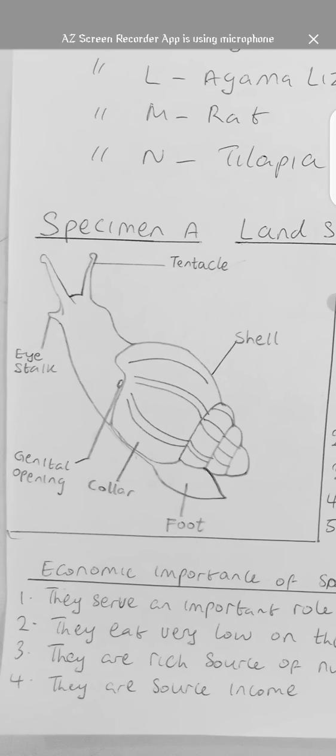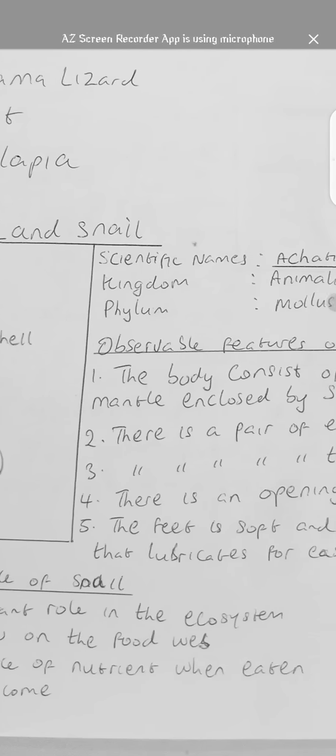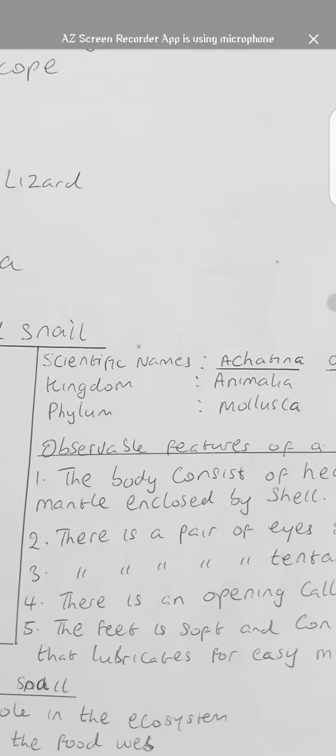They are a source of food and a source of income. I didn't write that down, I just thought about it now. In case they ask you the class of a snail, it's Gastropoda.